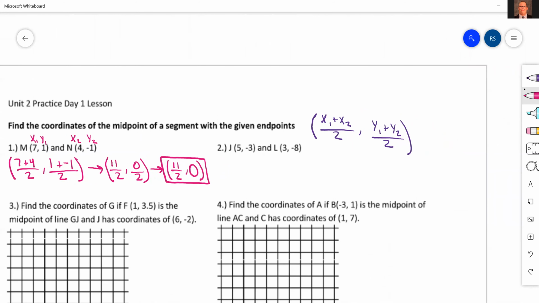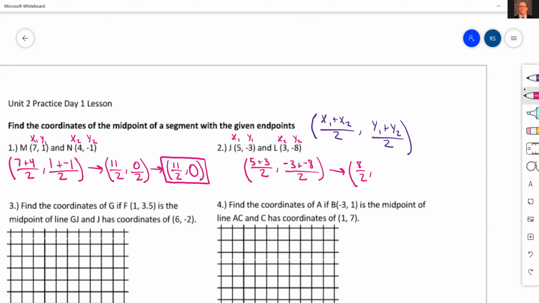Then we're going to do the same thing for number 2. Label our points. X1, Y1, X2, Y2, and set up our equation. 5 plus 3 divided by 2, and then negative 3 plus negative 8 divided by 2. 5 plus 3 is 8.